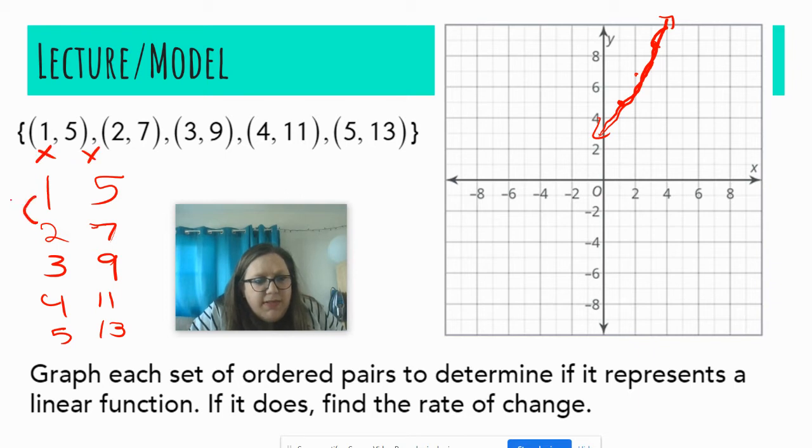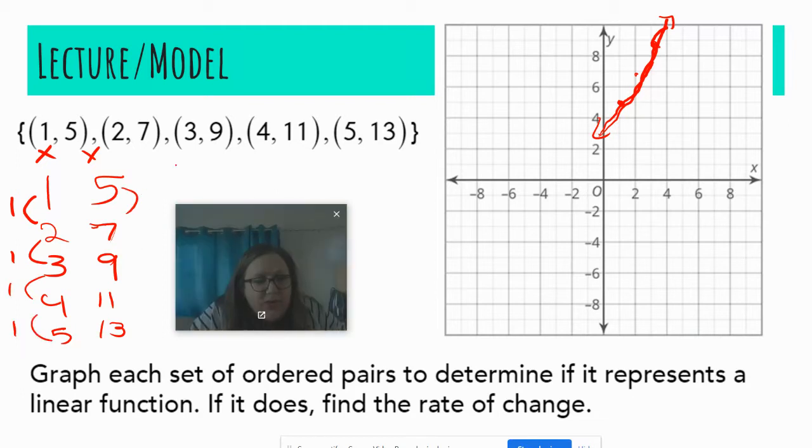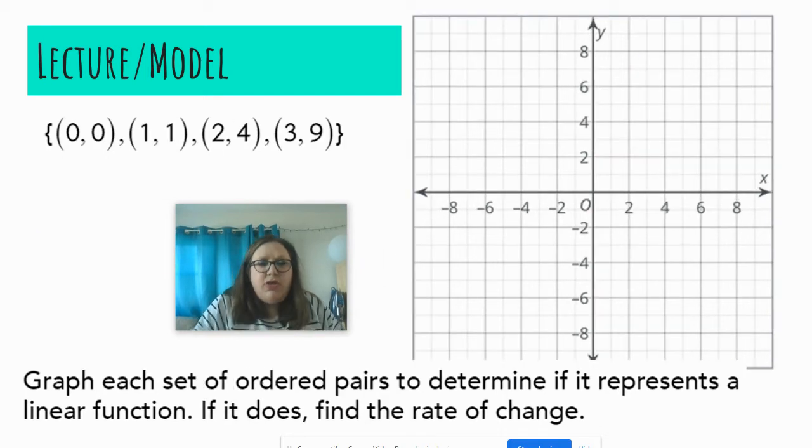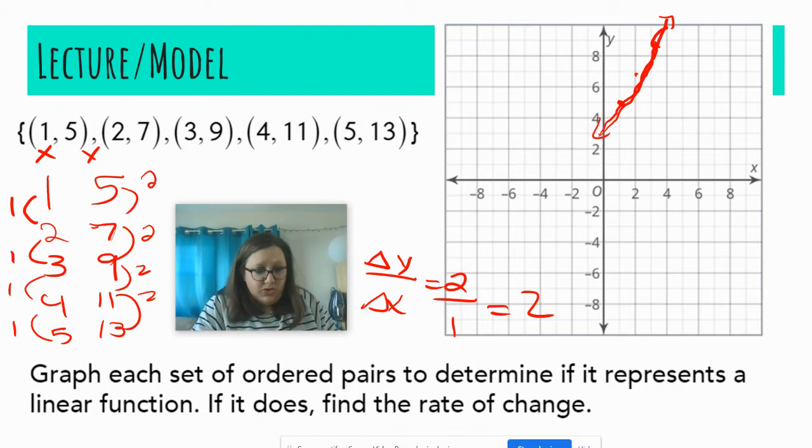As x increases by 1, y increases each time by 2. So our rate of change, remember it's change in y over change in x, would be 2 over 1, which is just 2. So this is a linear function with a slope of 2. All right, let's move on.